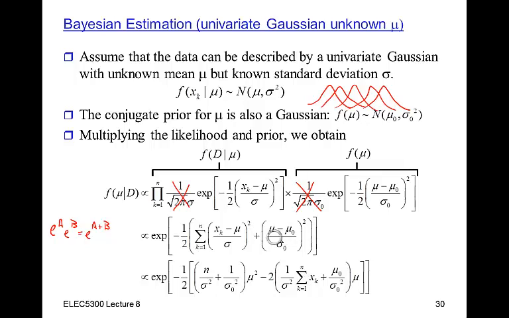And then when I multiply this one out, I get a minus 2 times mu times mu0 divided by sigma 0 squared. There are additional terms in xk squared and mu0 squared, but I don't have to worry about those because I'm only interested in the terms that contain mu. So that considerably simplifies the math.